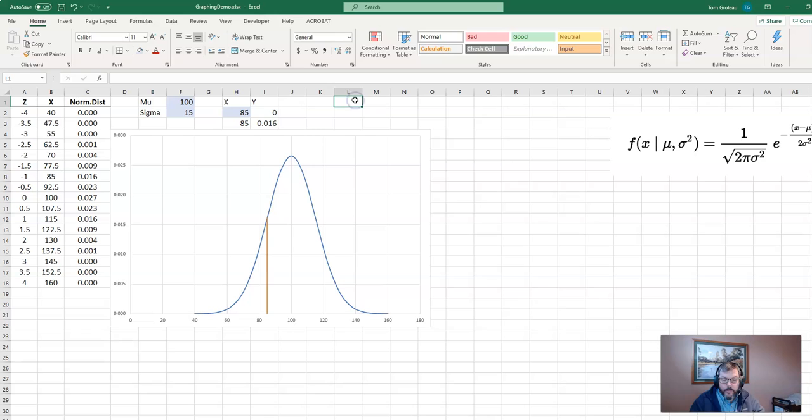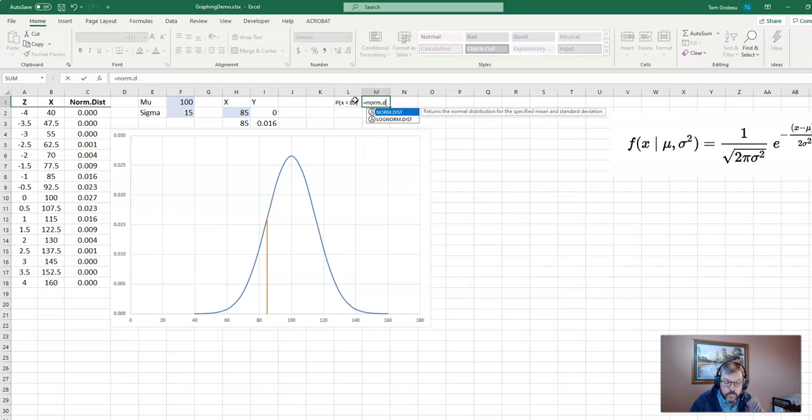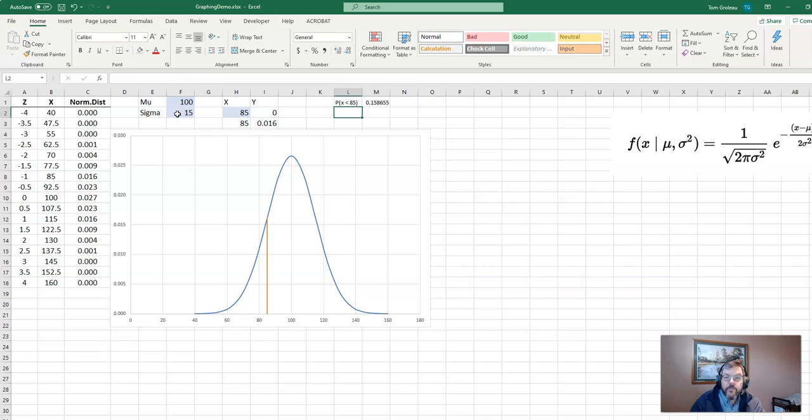So if I want to find the probability, I'll do it this way. The probability of x less than, in this case, 85. Norm.dist, 85. This mean, this standard deviation. And now it's true. And that's about right, 15%.